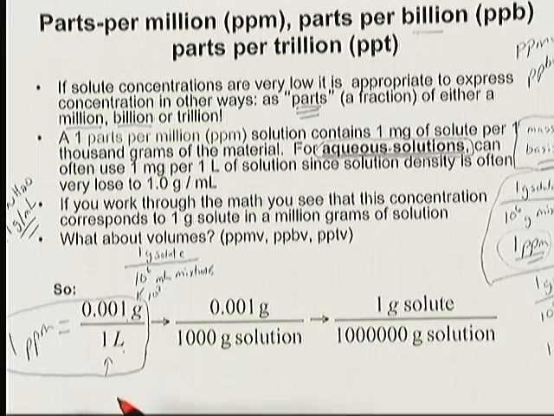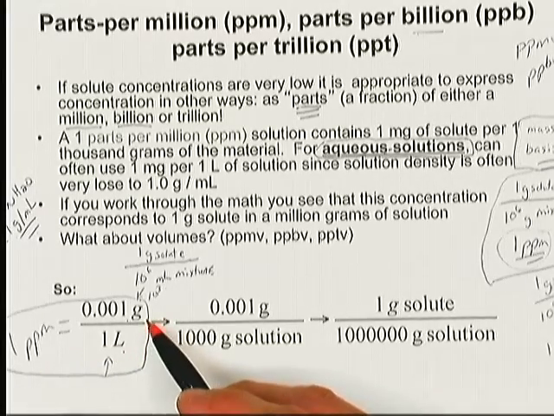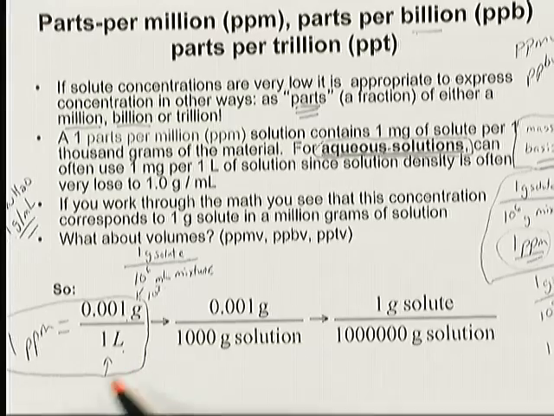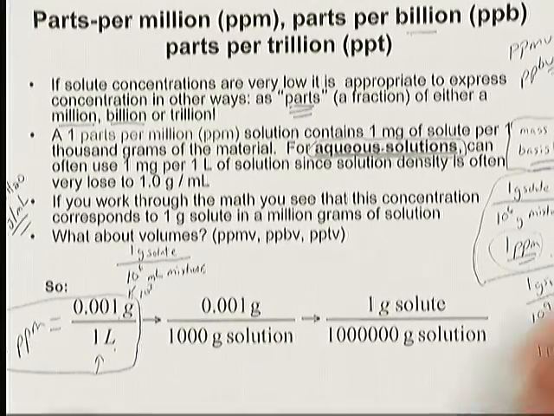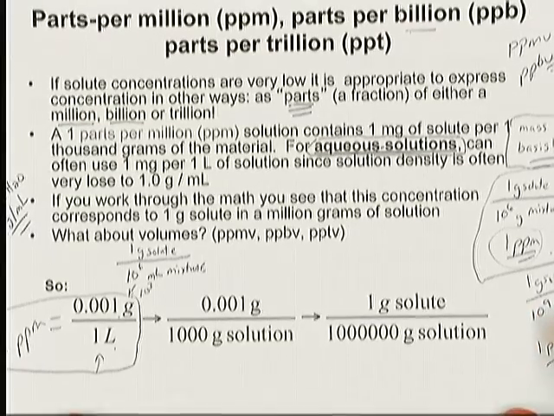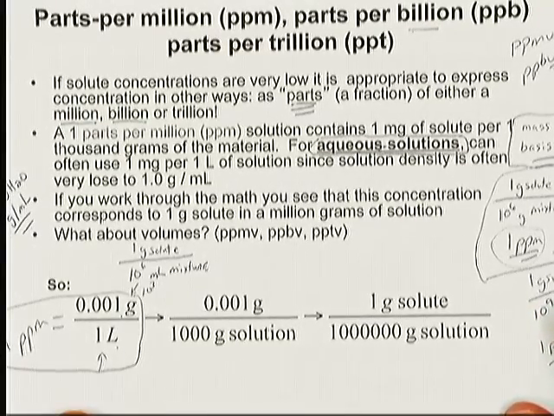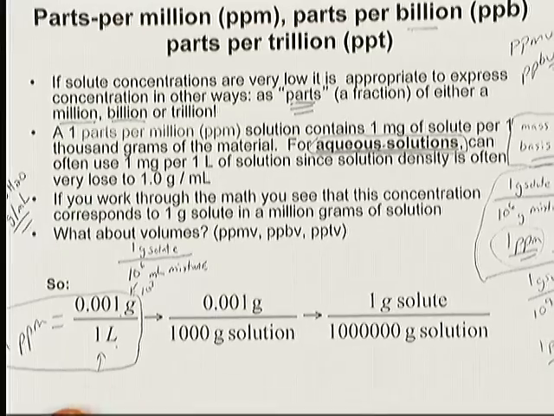You may think that you need to include the nitrate or the sulfate in the calculation, but if they're asking you for the parts per million of silver or the parts per million of calcium, you don't. So you need to report what they're asking you, I guess is what I'm trying to communicate here. If they want parts per million of silver, you need to tell them how many milligrams of silver per liter you got, or how many milligrams of calcium per liter in the case of calcium. So please keep that in mind as you work problems throughout this semester. So that's parts per million.